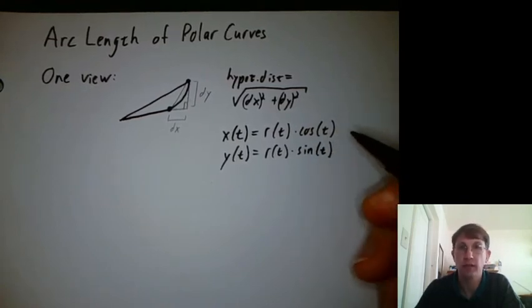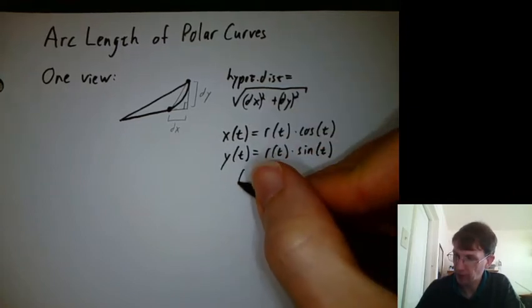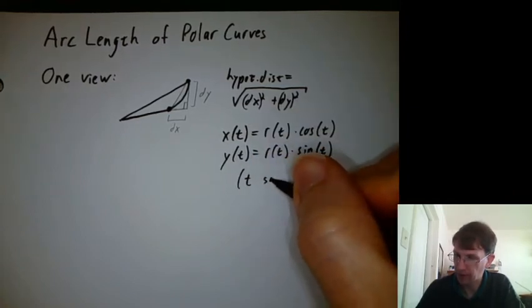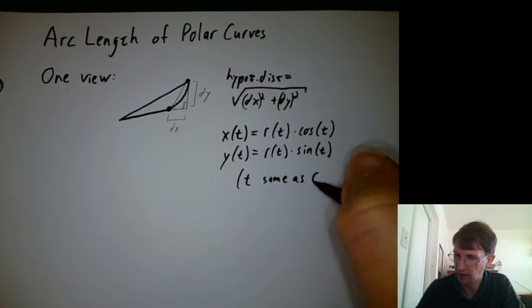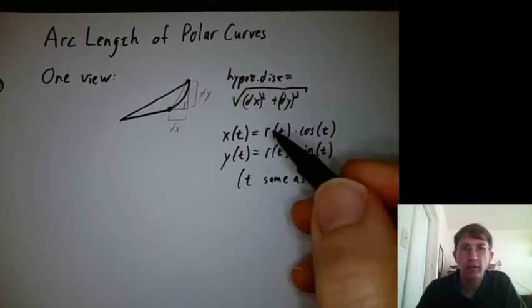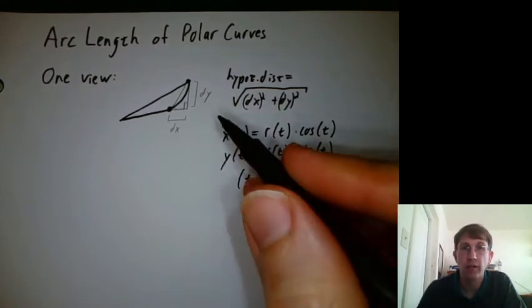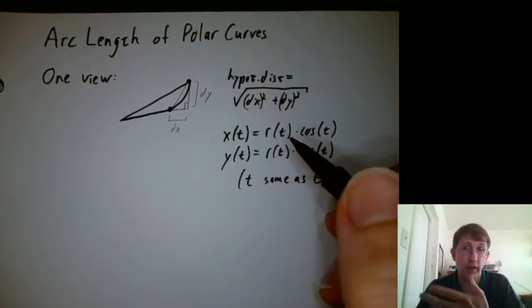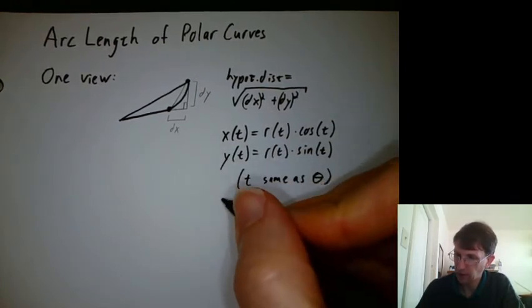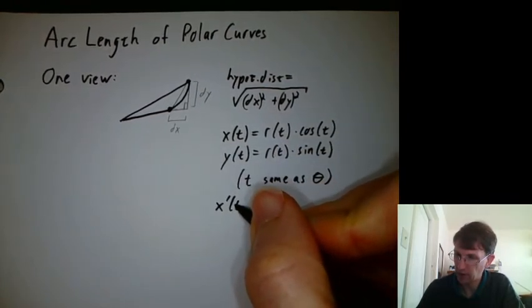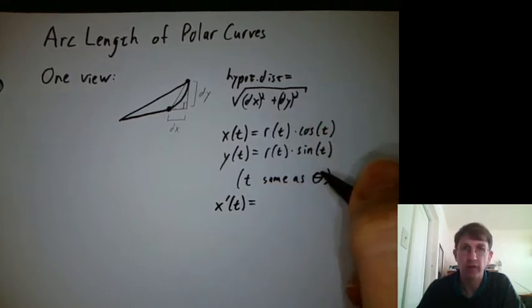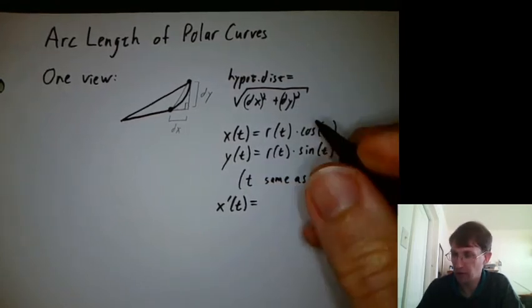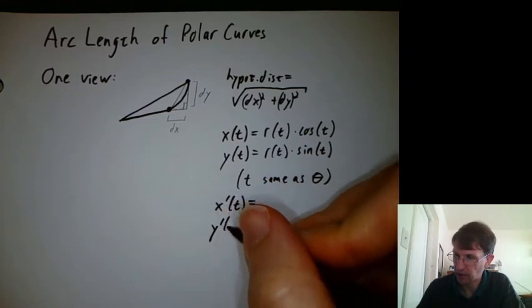So we're using parametric ideas here, where t is the same as theta. That gives us x and y, and then we could get dx and dy by doing x prime and y prime. So x prime of t is the derivative of that, which involves the product rule. Same thing with y prime.